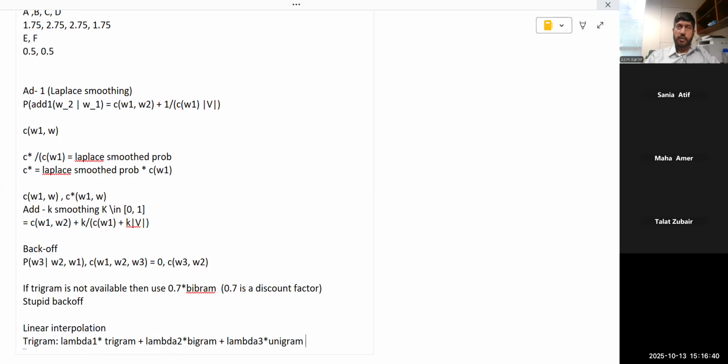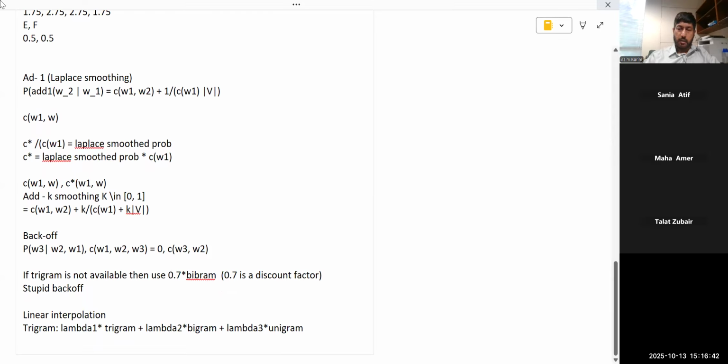So you do a linear interpolation where the sum of lambdas is equal to 1. So it is a weighted combination of all the n-grams. So maybe we will give lambda 1 0.5, lambda 2 0.4, and lambda 3 for the unigram 0.1.